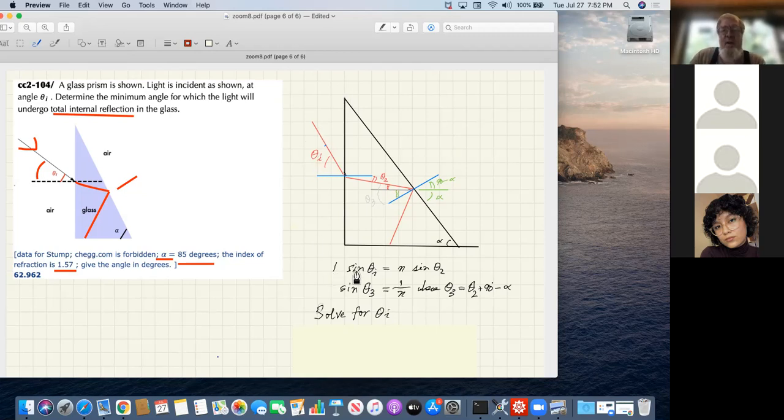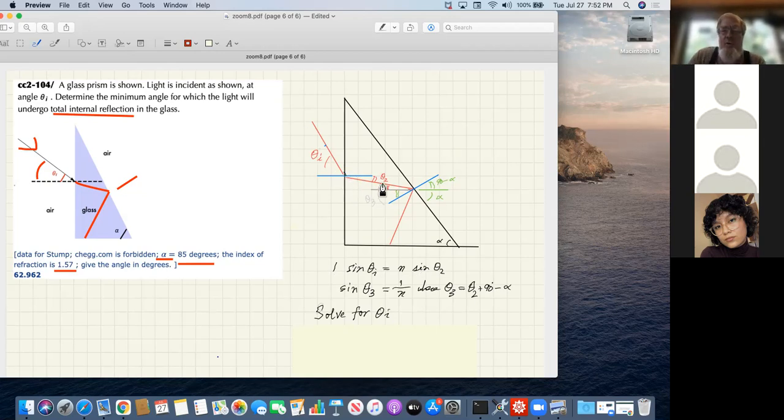So 1 sine theta I is equal to n sine theta 2. So that is the refraction at the front surface. That's Snell's law. Sine theta I is n sine theta 2.